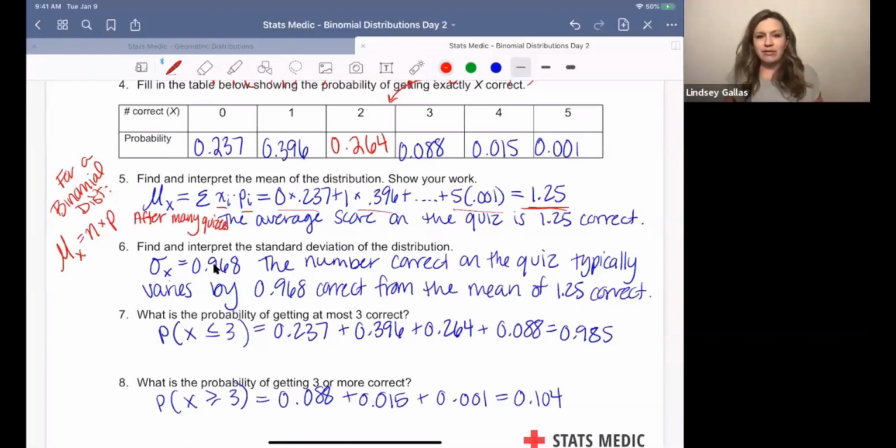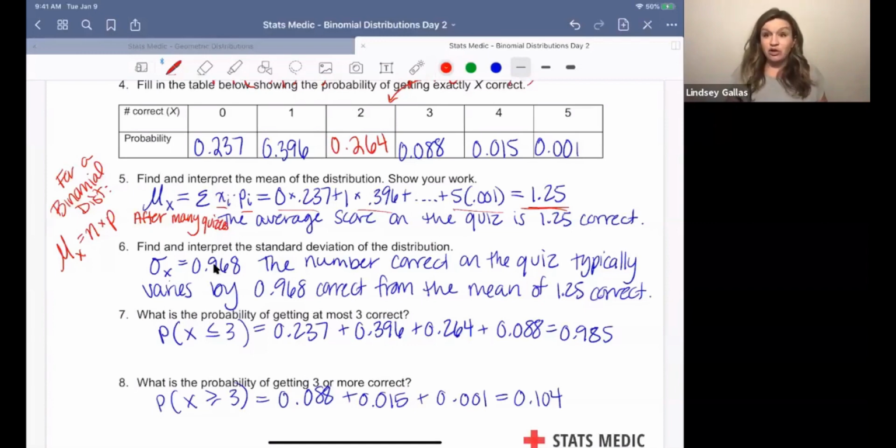We're not talking about the average on just one student's quiz. We're talking about if we did this lots and lots of times with lots of students, the average should be 1.25 correct. Now, something else that you'd probably be wondering is 1.25 correct. Let's say you go home and tell your parents, oh, the quiz average was 1.25. What do they want to know? They want to know, well, out of how many questions? Are we talking out of 2 questions? In that case, that's not that bad.